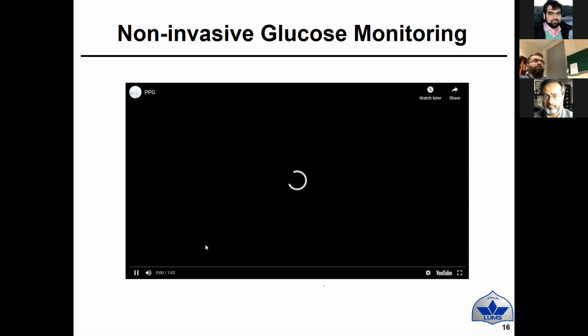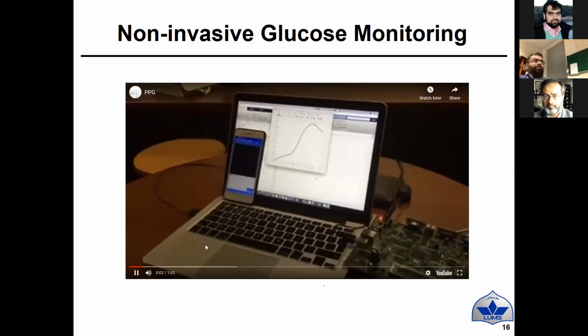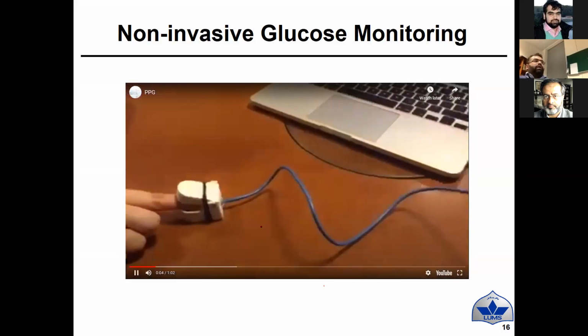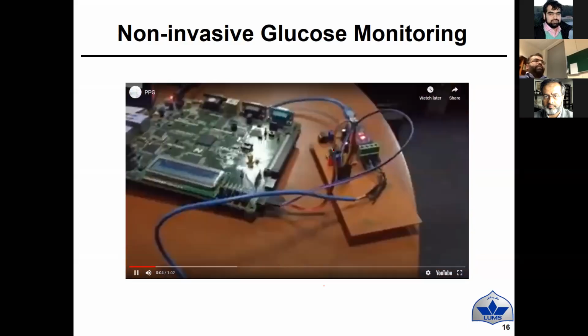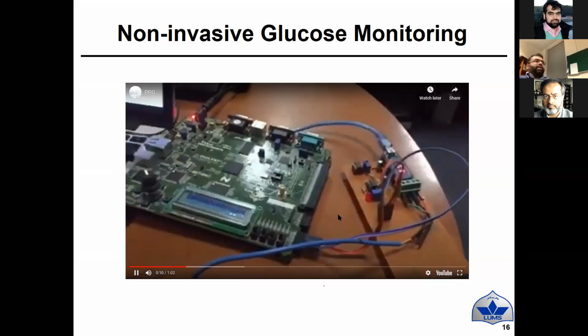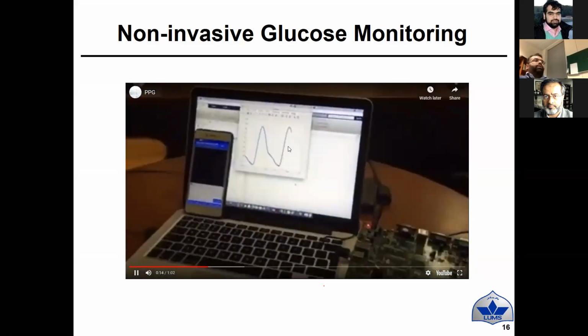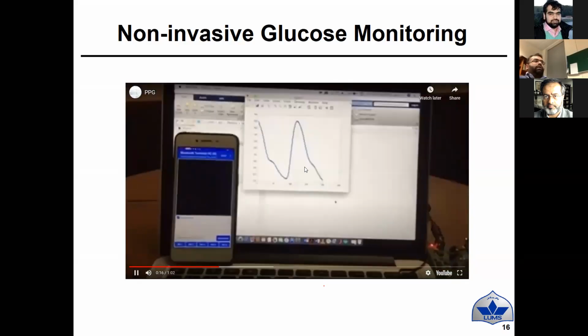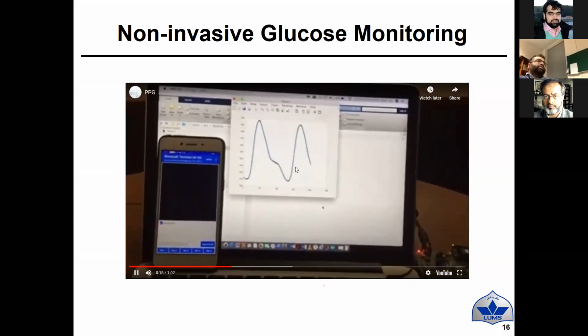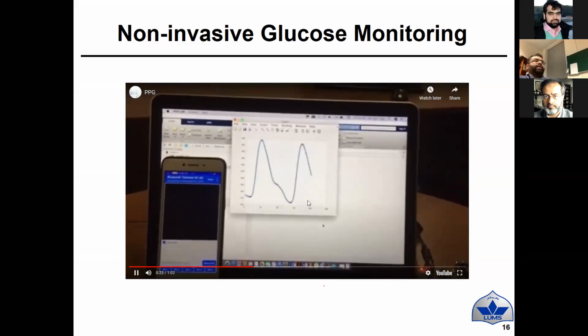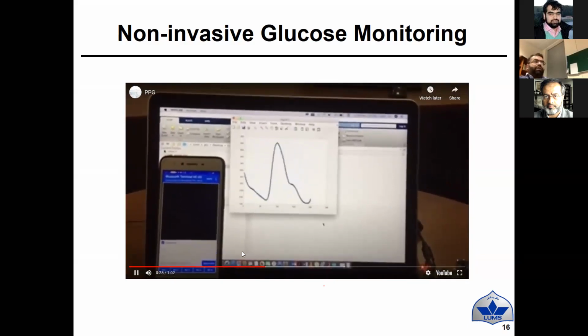But I will also upload a couple of others which were developed at LUMS in the EE department. So what's happening here is the student is recording her PPG data, and that PPG data is being processed in a small analog front end and also on the FPGA, and we are communicating to the laptop. So it's displaying this PPG signal, and based on this PPG signal, the FPGA does some processing and detects the glucose level of the patient.